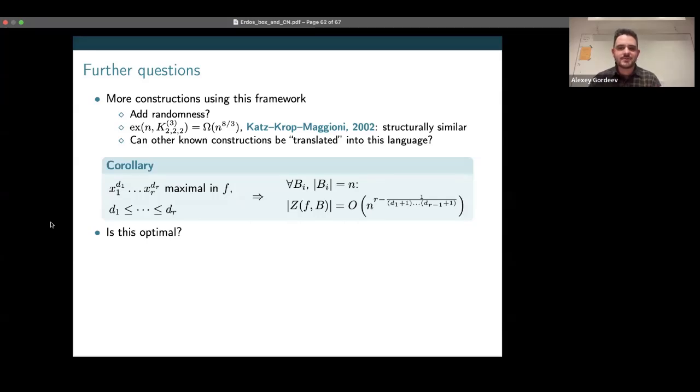Here I want to convince you that studying this framework is an interesting problem, because this question has one of two answers. Either this corollary is always optimal, or you can find some counterexamples, some settings where you can get a better bound on the number of zeros. Suppose that it's optimal. This means that you can get the best constructions for Turán numbers using this framework.